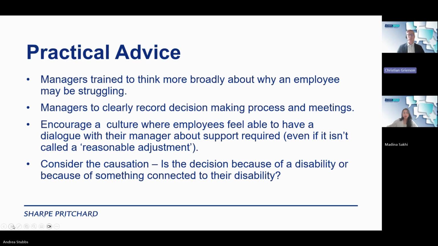Often managers might say, okay, I'm not taking this action because you're disabled, it's because you're underperforming. No, you need to encourage managers to recognize that actually their sickness absence was caused by the disability. And so you need to think about that when managing them moving forward. Can I have next slide, please?